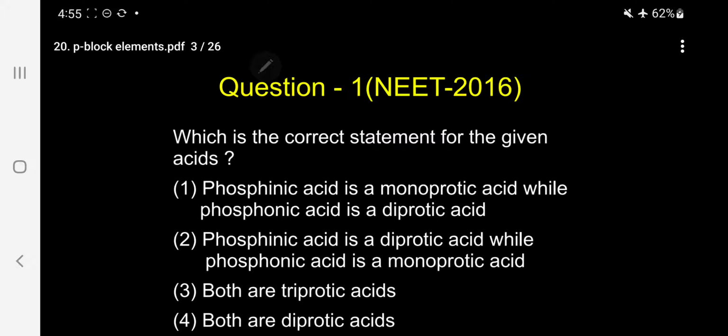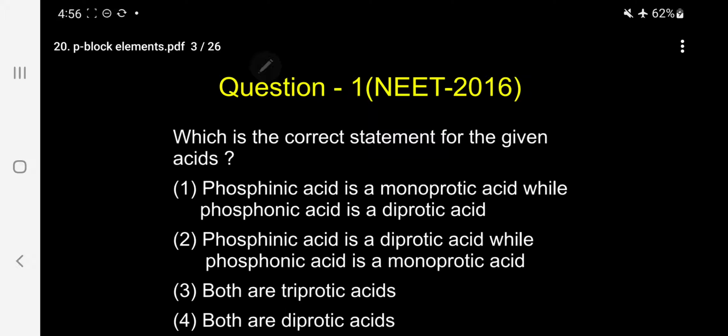That is boron family, carbon family, nitrogen family, oxygen family, halogen family, that is fluorine family, and inert gas elements, the helium family. So these are the groups we are going to study under P block elements.